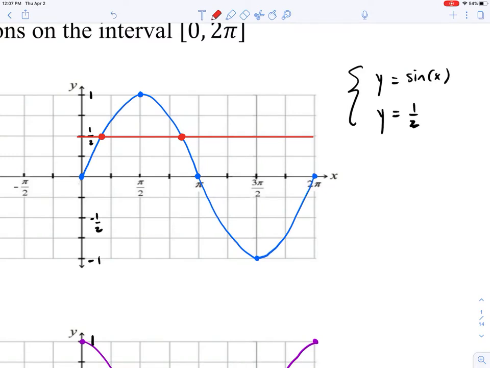And if I had plotted some additional points, then I would be able to see that this point right here would be pi over 6, 1/2, and this point over here would be 5 pi over 6, 1/2. If you were to use your calculator, so graphing both of these equations and then finding the points of intersection, your calculator would only give you a decimal approximation, which sometimes that's okay, that's enough.